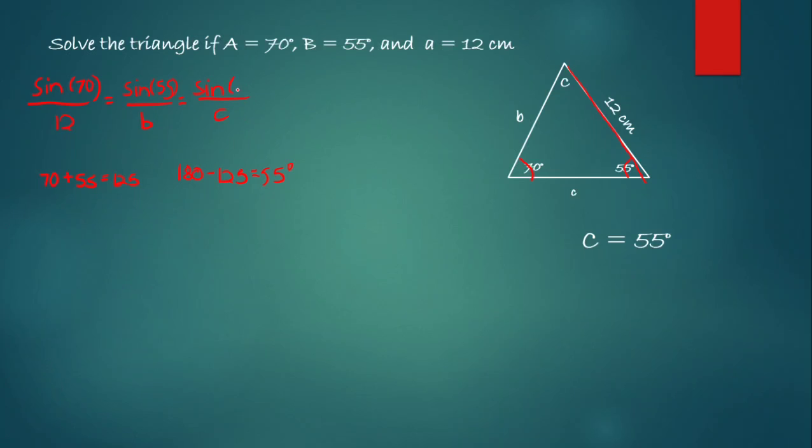We're going to replace that here. Now what we're going to do is find side B. And by doing that, we cross multiply these two.